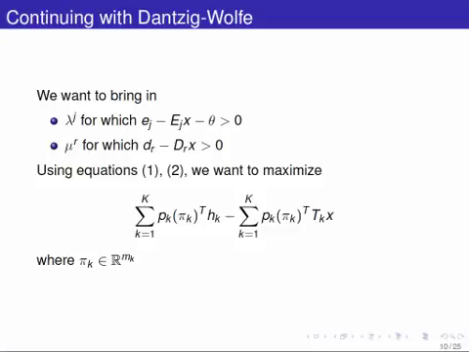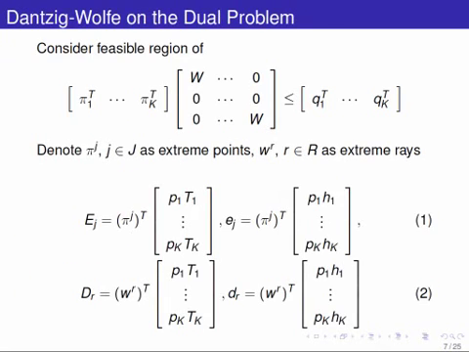And the trick, again, if you remember with the Dantzig-Wolfe, was that instead of going and enumerating one by one all the extreme points and all the extreme rays of this problem, we exploit the linearity of the reduced cost expression with respect to the dual to the variables.